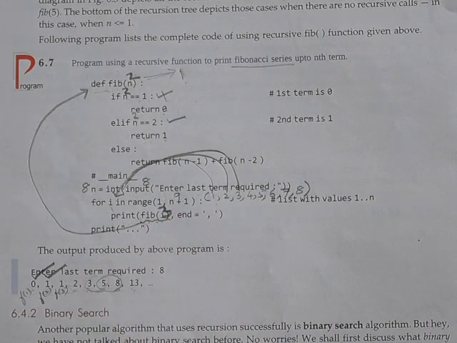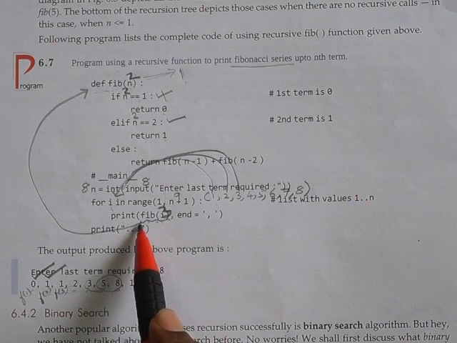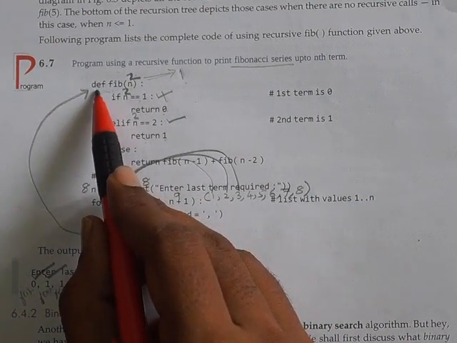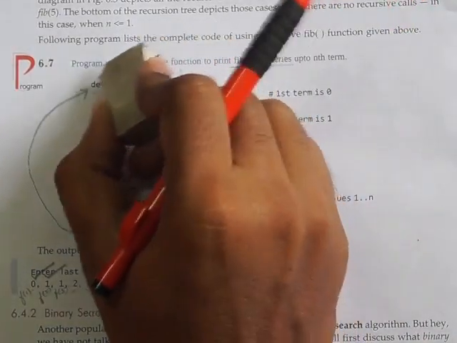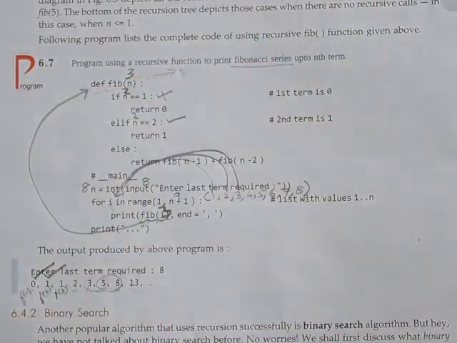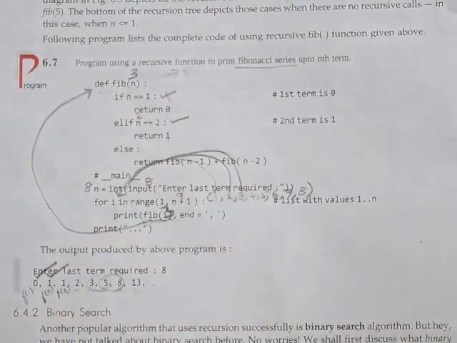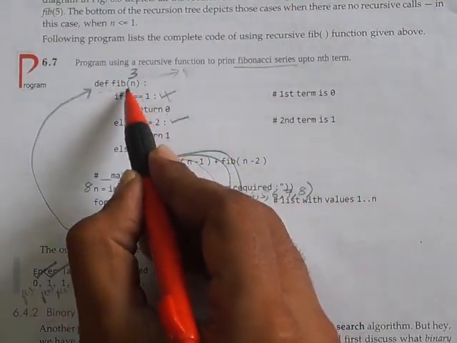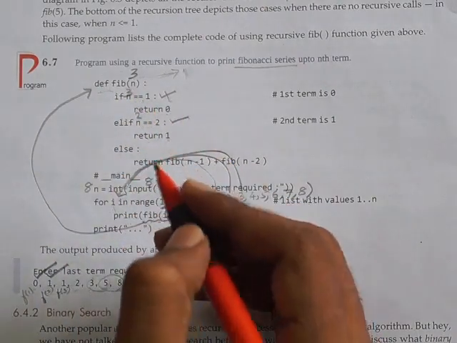Fib 3. Okay. So once again it is a calling statement. The control flow will go to the fib definition. Now the n value is 3. Okay, fine. Now 3 is equal to 1. This condition is false.